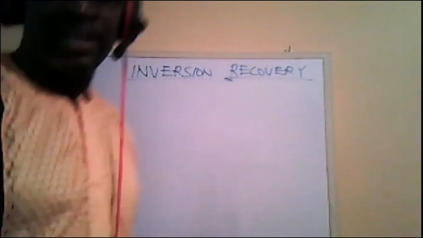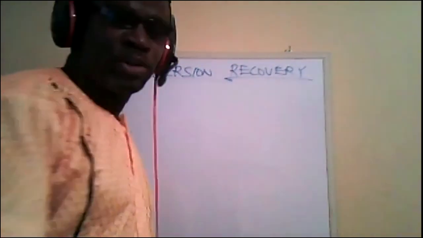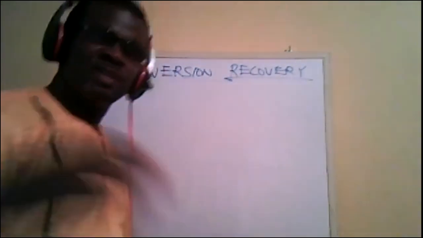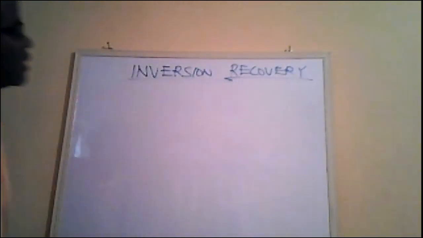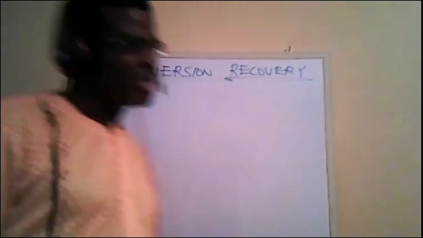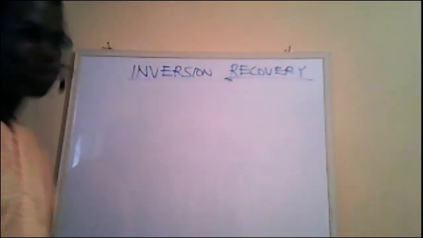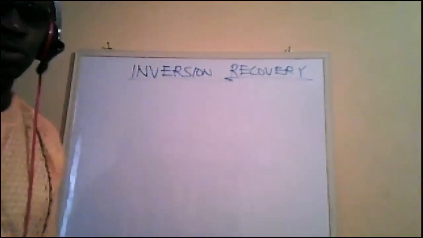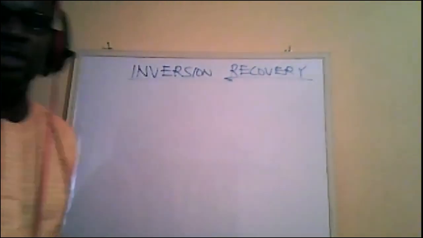Like I said last time, inversion recovery is not a pulse sequence that stands on its own, so to say. It can be applied to spin echo, to gradient echo, or whatever pulse sequence we want to use.